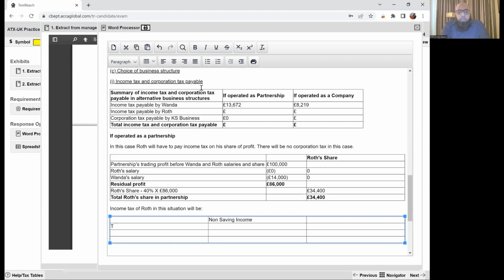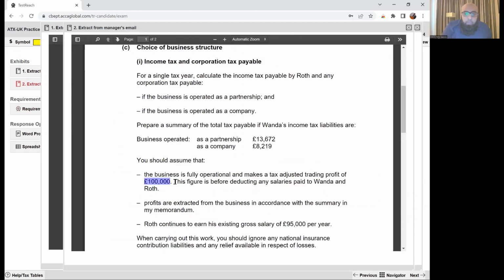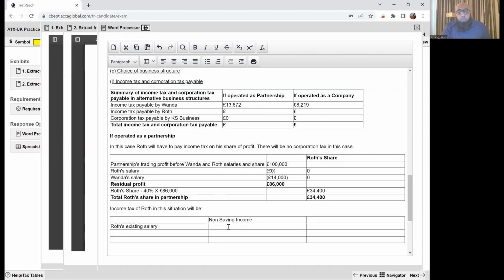If you remember, ROT is also getting some existing salary, which is also written in the extract from the email from your manager. ROT continues to earn the existing gross salary of 95,000 pounds. So here comes 95,000 pounds. Share in partnership profit, which we call trading income, is 34,400.